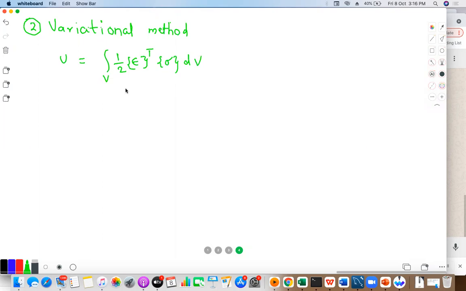Now, this might look somewhat difficult to you, but let me take you to the equation like 1 upon 2 sigma into E.